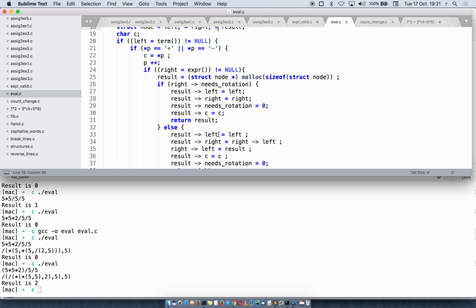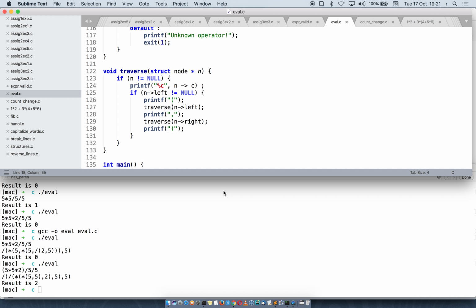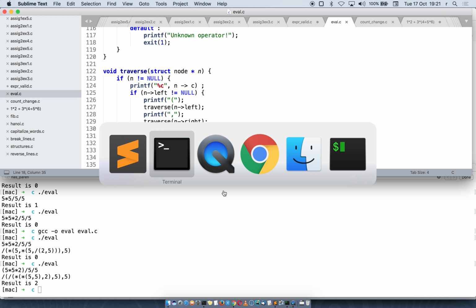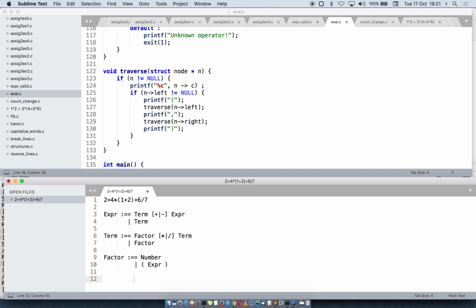All right. So what are numbers? Let's go back to our grammar. Right. So here we accept digits, but instead of saying digits, can we just say number here? Right. And then what's number? Digit followed by number, right?